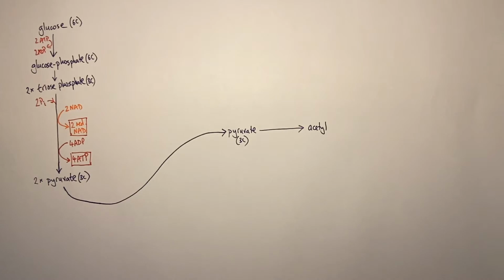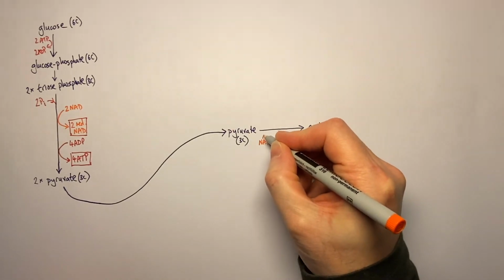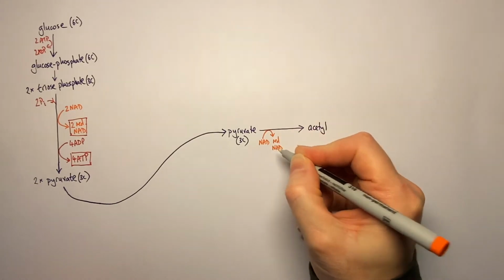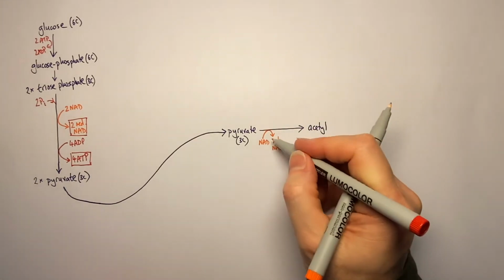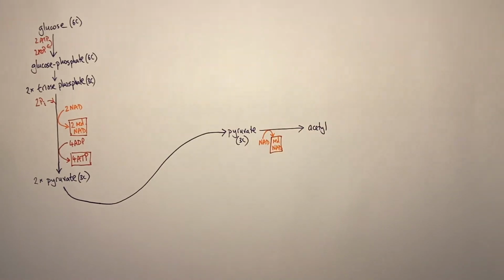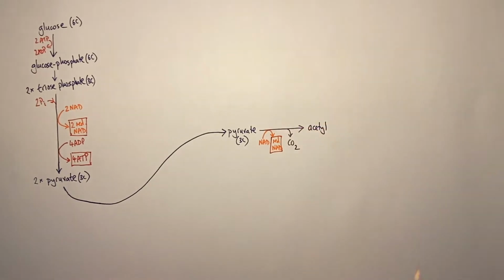In doing so, two processes take place. First of all, NAD comes in to form reduced NAD. So there we have an oxidation. And we also have the loss of carbon dioxide.